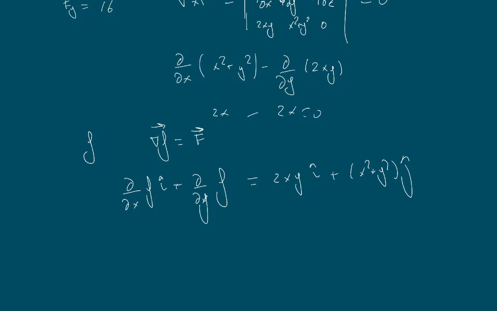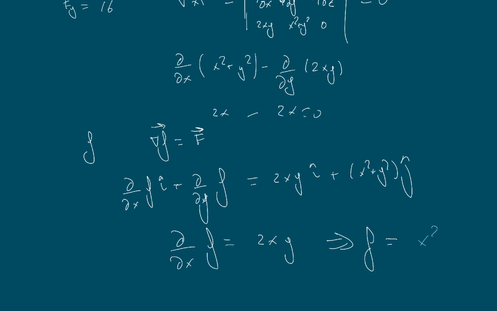When a vector a is equal to b, the components are equal. So the derivative with respect to x of f should be 2xy. And now our question is, who is f? Who is the function f whose derivative with respect to x is 2xy?